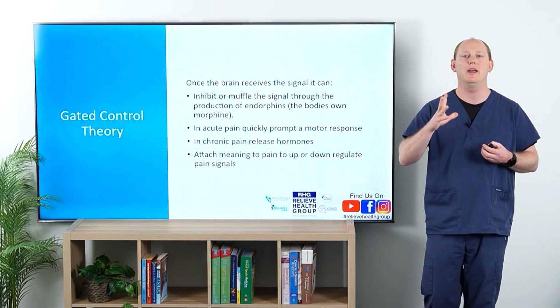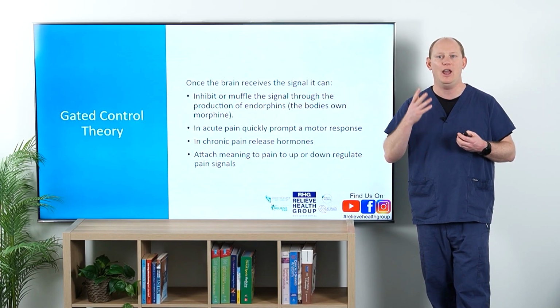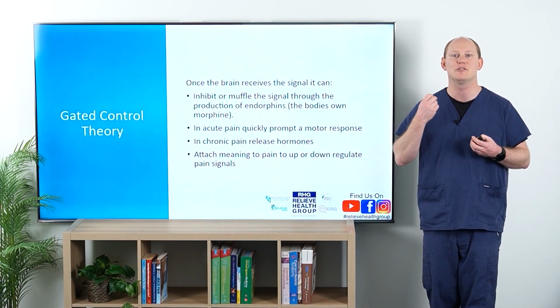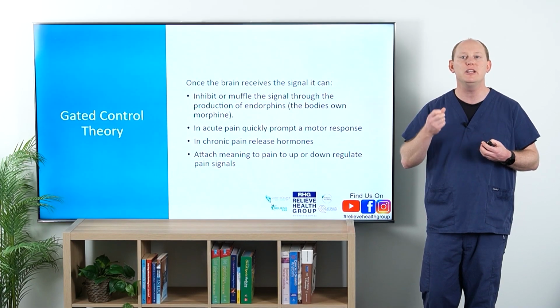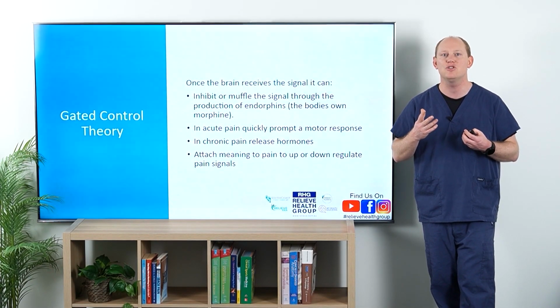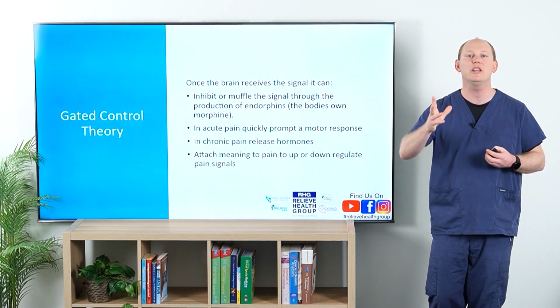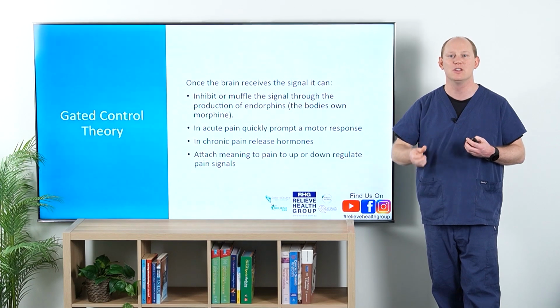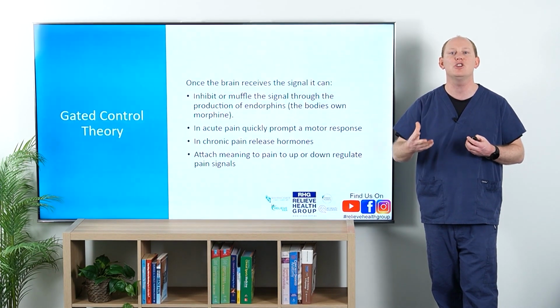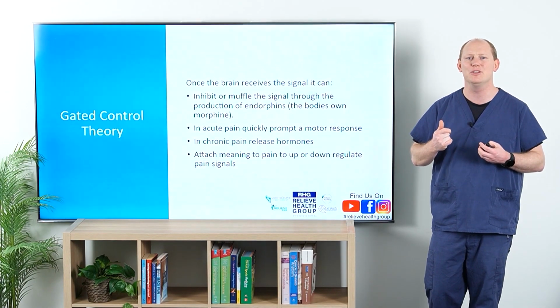Now, in acute pain, we quickly prompt a motor response. That's through the thalamus and the cerebral cortex interpreting and responding to remove or reduce the risk of continued pain or injury. That reflex arc is very quick. In chronic pain, we release hormones which can affect stress, depression, anxiety, and that's all through the hypothalamus.